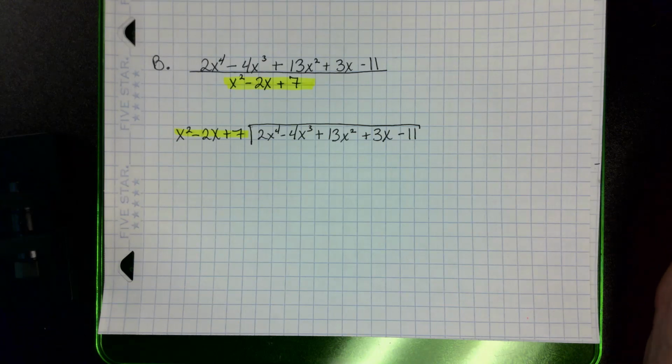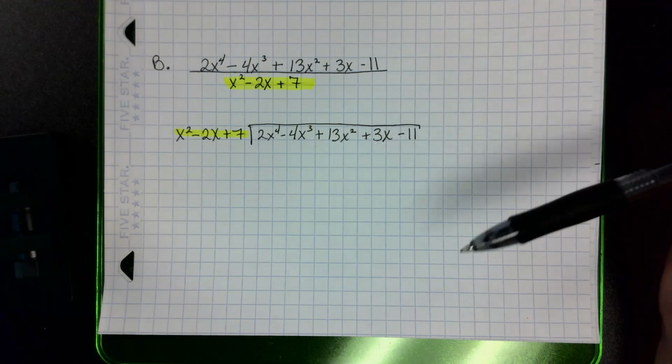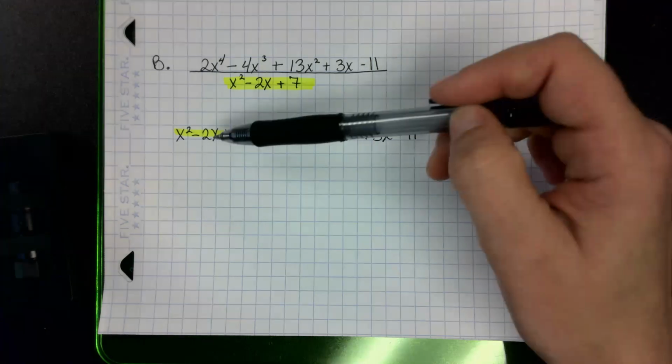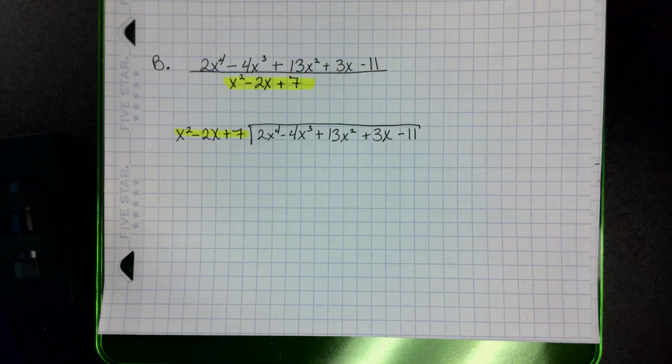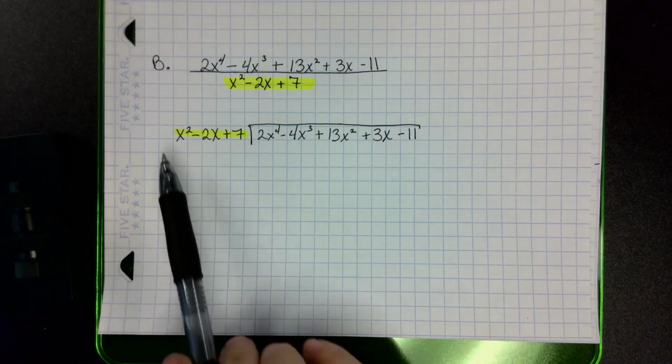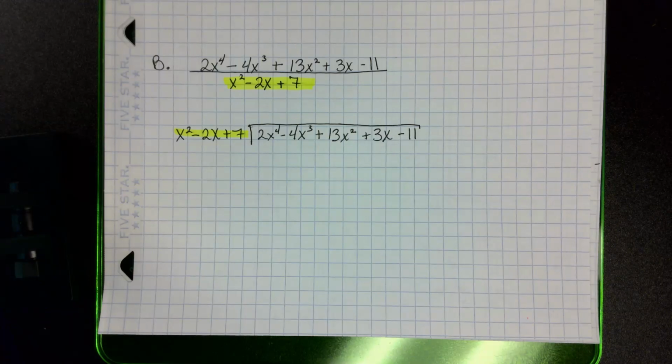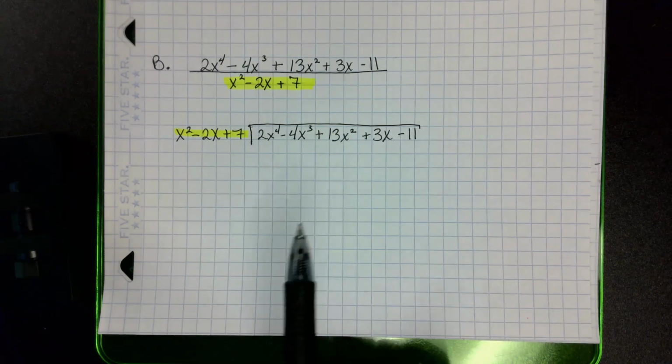So you just take the numerator, put it inside the division house, take the denominator, put it on the outside. And then you start the same way. And this one looks like it's going to be worse because your divisor has 3 terms instead of just 2. But really when this happens, you end up doing less work. So it looks like it's going to be worse, but really it's a nicer problem.